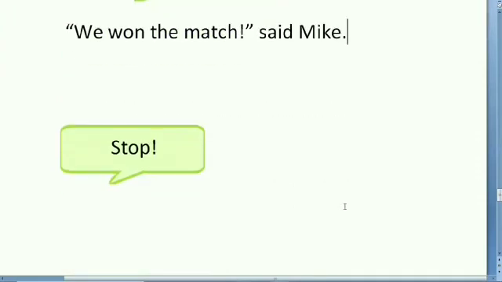And the last one. "Stop!" That's easy. Speech marks. Capital letter. Exclamation mark. Speech marks again. Verb and the name. Full stop. "Stop!" said Mike. Good job, you guys.